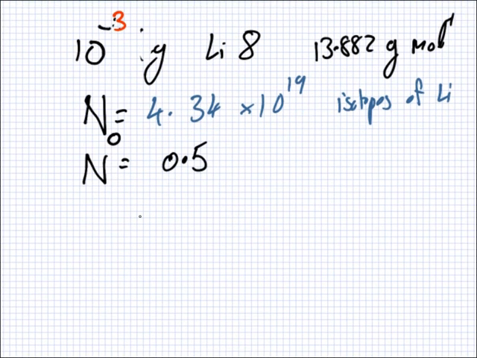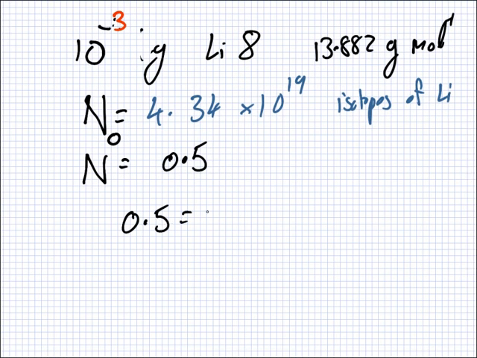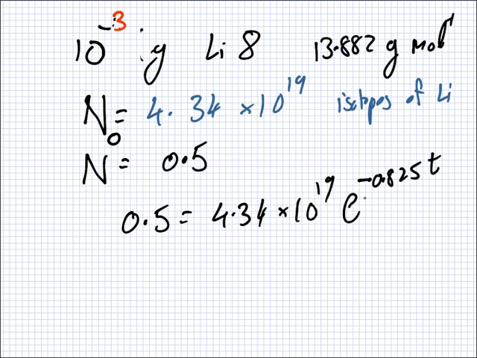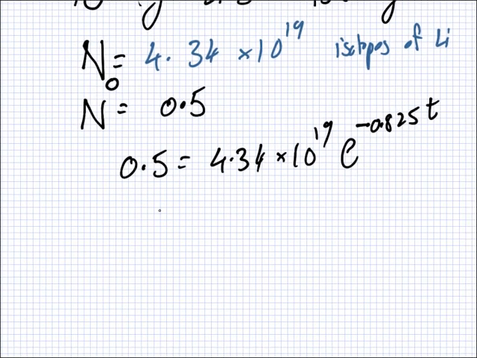So we have to solve this formula. 0.5 equals 4.34 times 10 to the 19 e to the minus lambda, which I give you in the question, t. It's at the end, 0.825. Right, so we all know what's going to happen. We first divide, then we take the log. So divide.